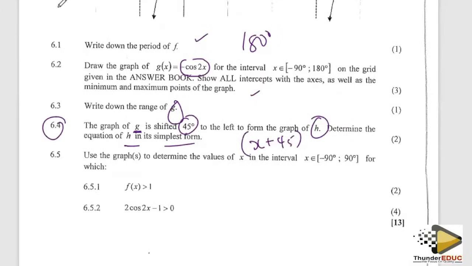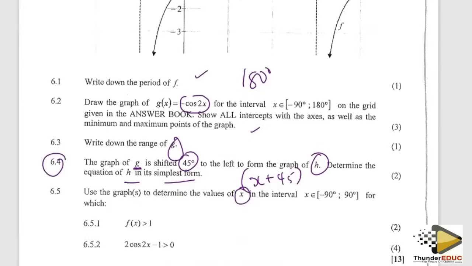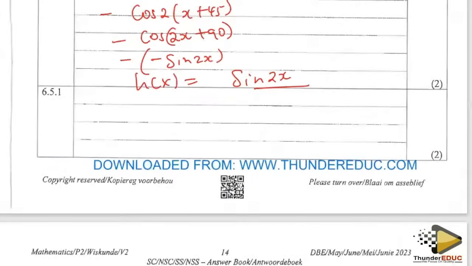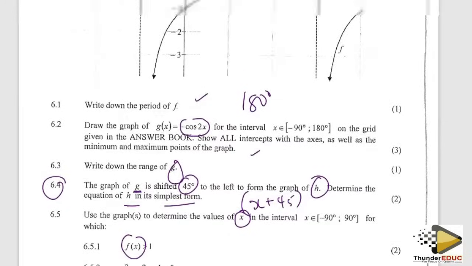Then 6.5, use the graph to determine the values of x for which, using the intervals of -90 and +90 only, not 180. We want f of x to be greater than 1.